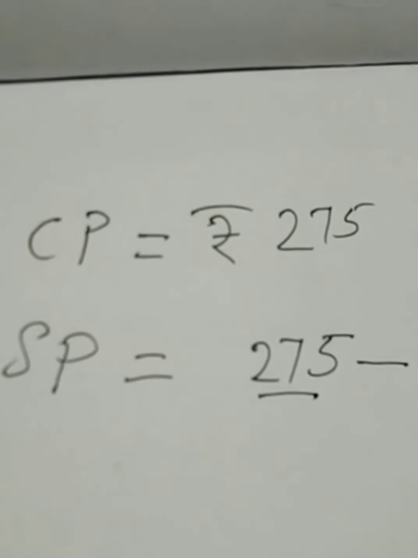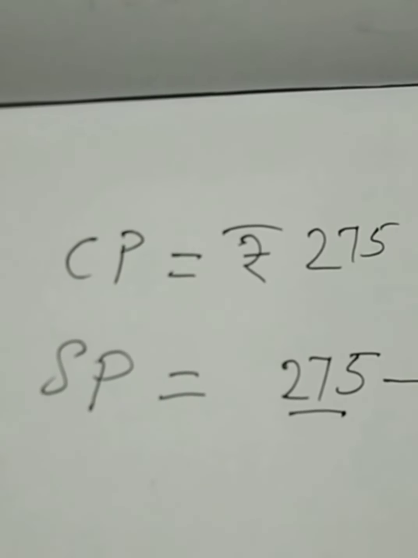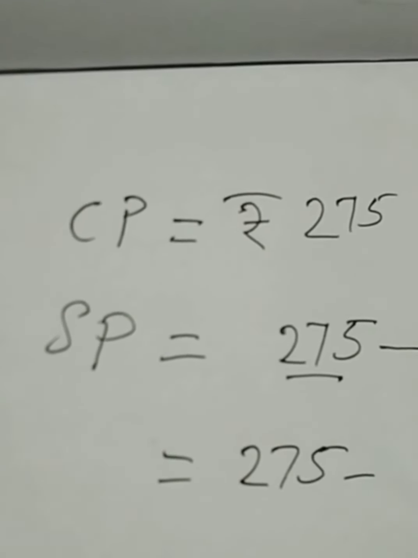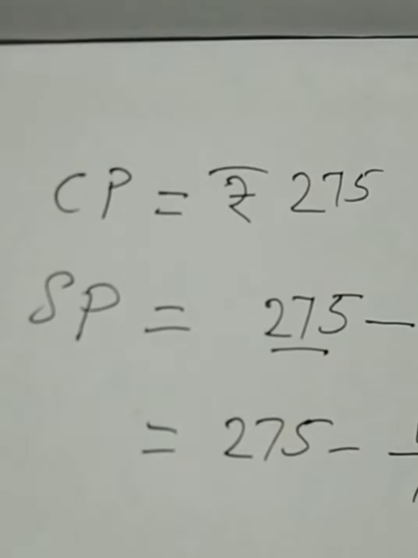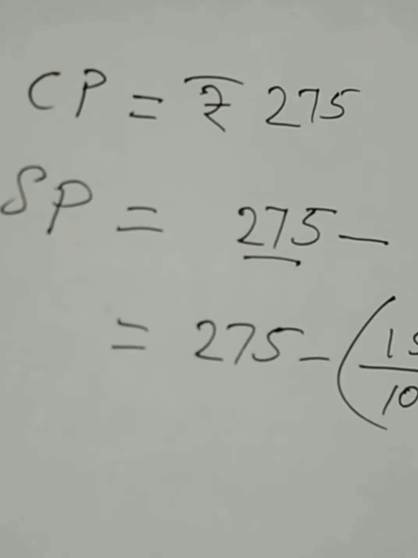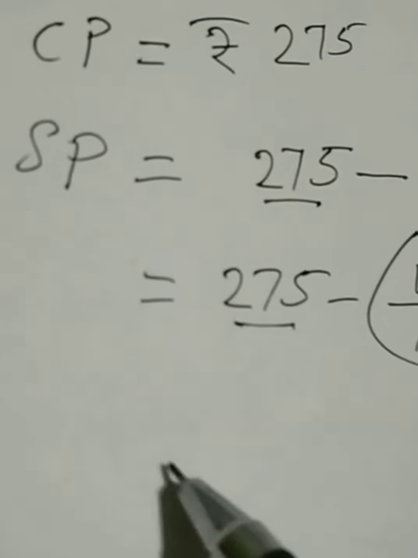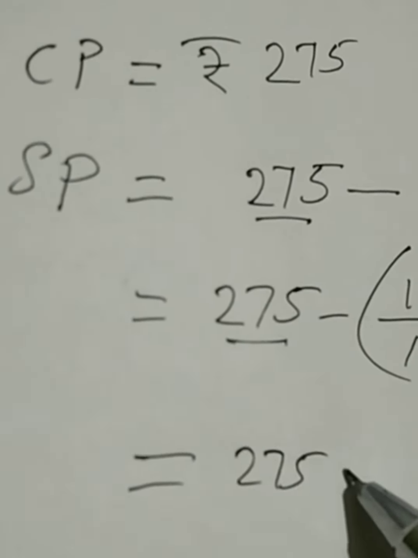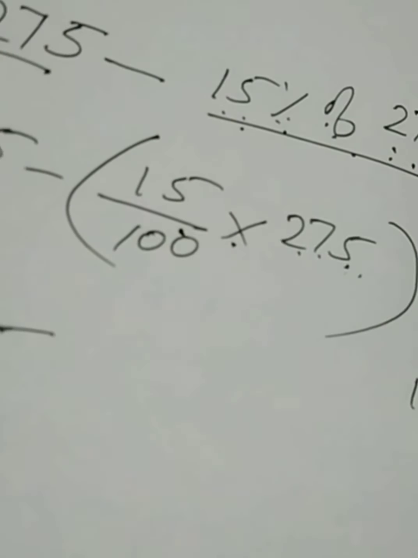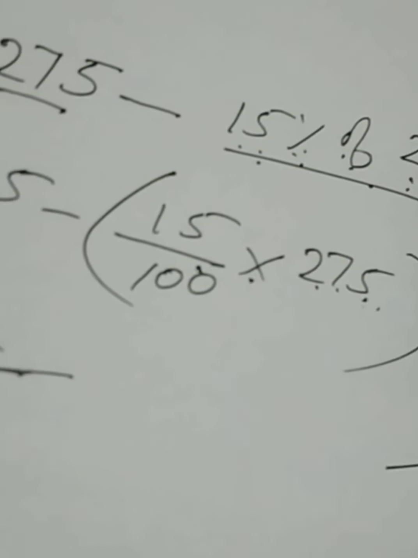First we have to find the 15% of 275, that we have to subtract from the cost price. Then 275 minus 15 times 275 divided by 100.